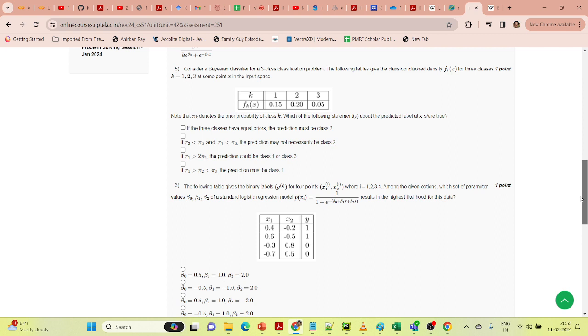Phi k denotes the prior probability for class K, and the class conditional density is given for the 3 classes.